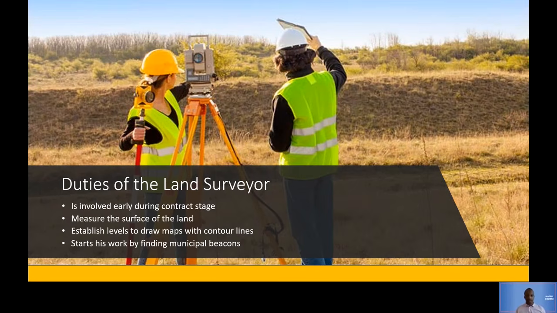So each and every land or area, city, town, there are certain municipal beacons which are put by the local municipality, and these beacons just say how high or how low that area is in reference to sea level, and where the location is. So the government, the municipalities, they do these municipal beacons. Okay, so those are the duties of a land surveyor.